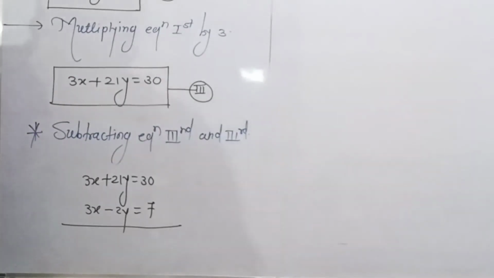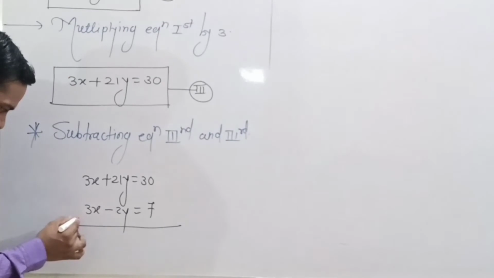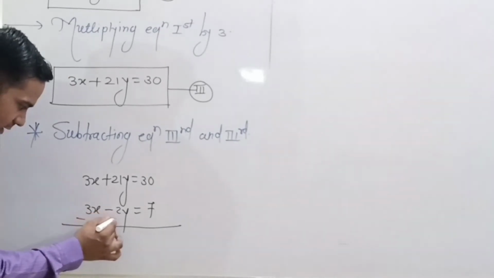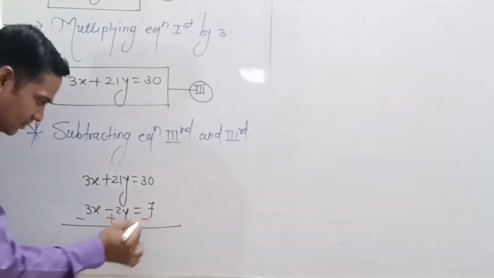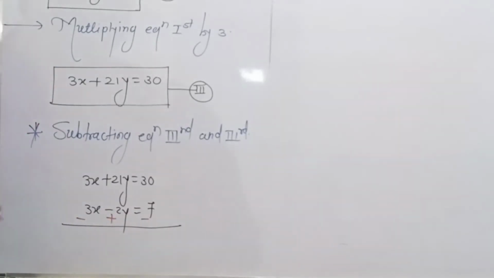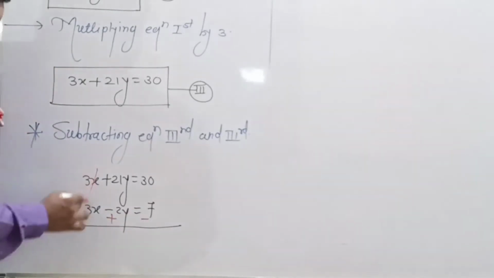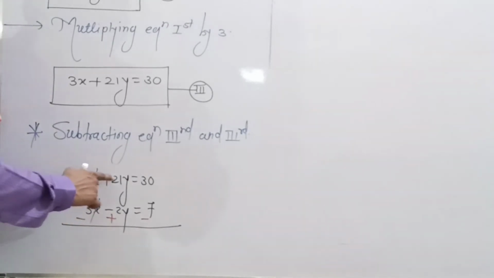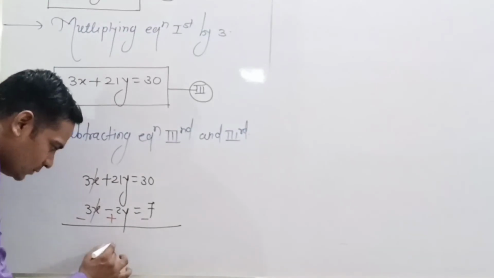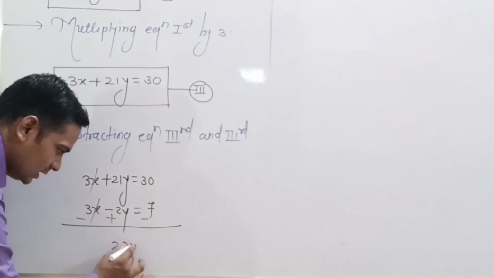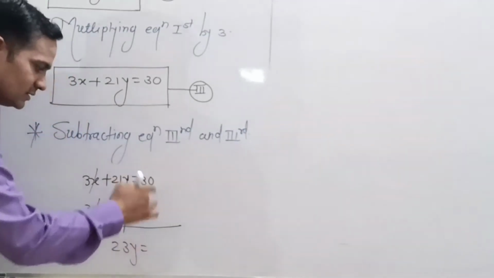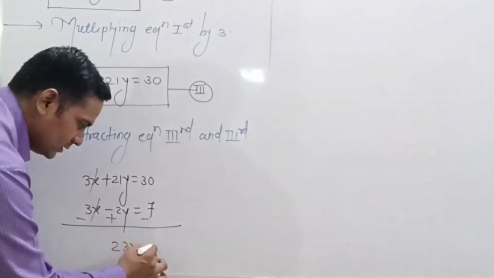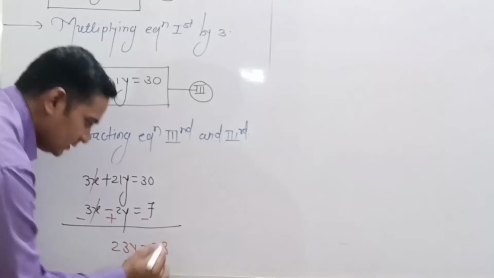So the sign will change over here, the plus will become minus, again this minus will become plus, and this will become minus. So let's cancel 3x and 3x, as plus minus will get cancelled here. So 21y plus 2y, that will be 23y is equal to 30 minus 7, that will be 23.